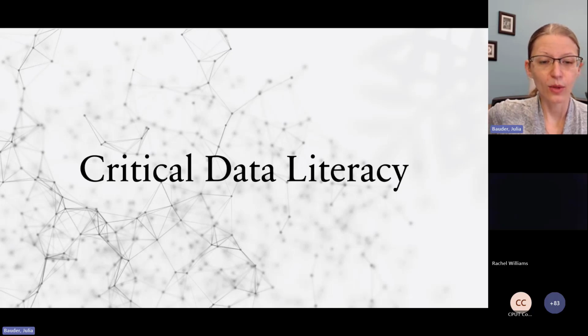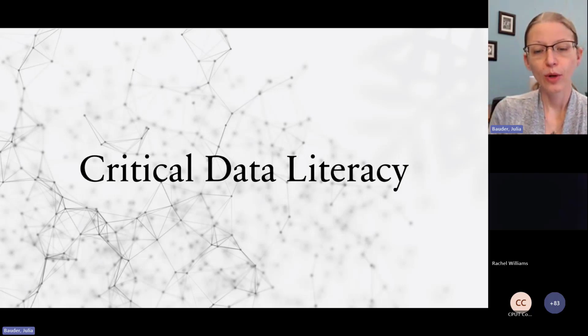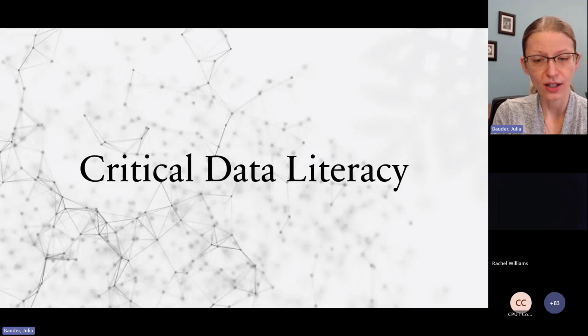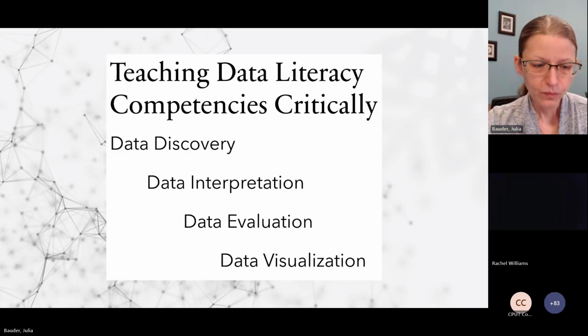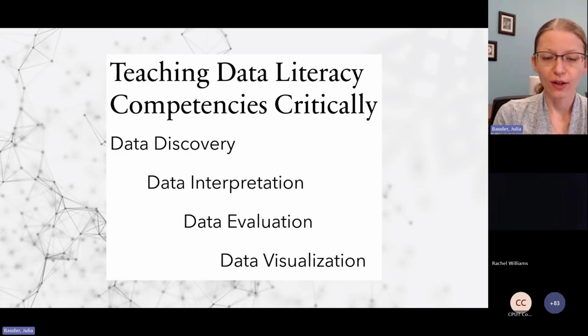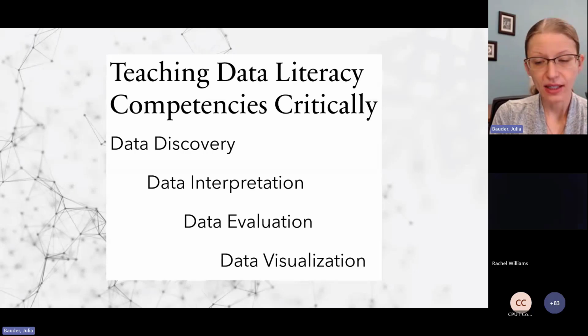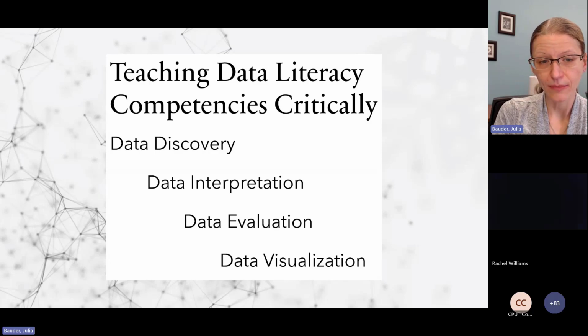Understanding data as something that was created by humans who are bringing all of their preconceived notions about the world, their biases, the social and economic environment that they live in, all of it, to the process of data creation, and understanding that all of those things impact the process of data creation. You can incorporate that critical data literacy perspective into data literacy instruction when you're teaching almost any data literacy competency. But I'm going to focus on the 4 competencies listed on this slide.